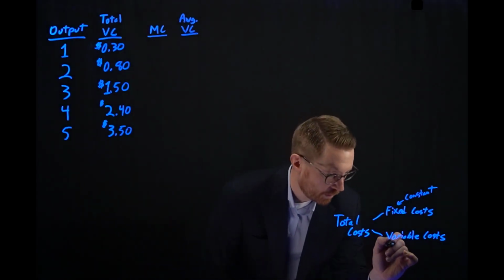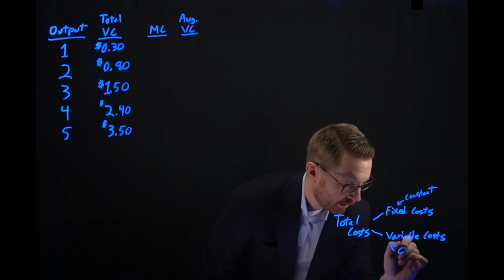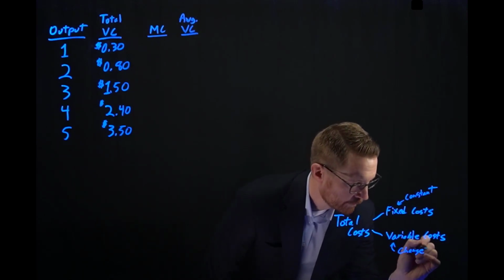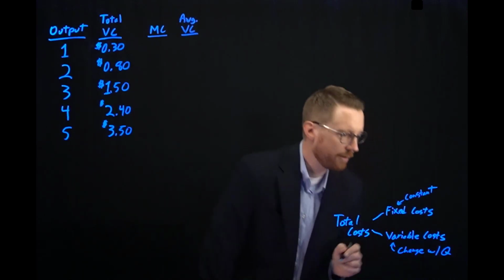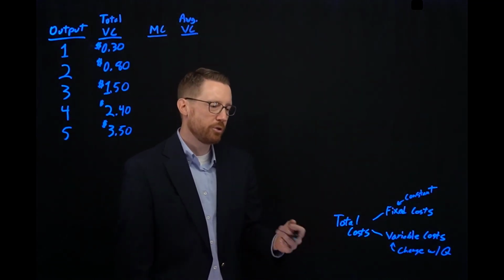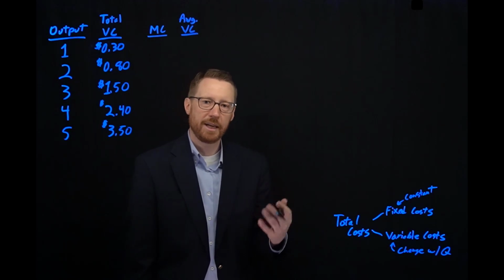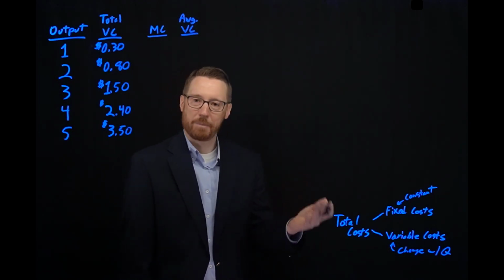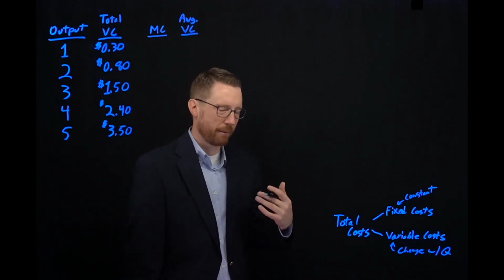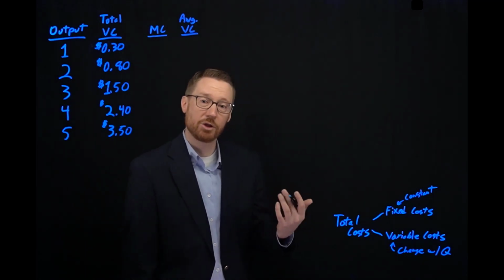But variable costs change with the quantity of output. So as we produce more output, as we make more cups of coffee, we're going to need more coffee beans or coffee grounds, and we're probably going to need more labor to do it.